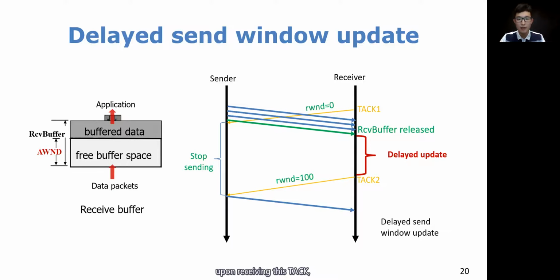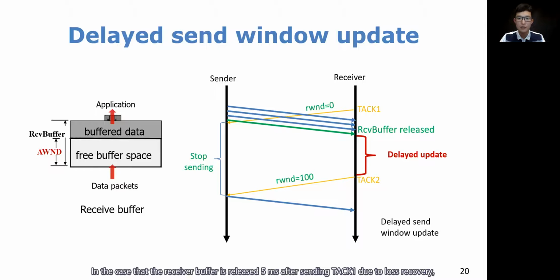Upon receiving this TACK, the sender stops sending data. In the case that the receive buffer is released 5 milliseconds after sending TACK 1 due to loss recovery, the sender continues to be blocked for another 45 milliseconds until TACK 2 is received, and thus wastes the opportunity of sending data. TACK loss further aggravates this issue.